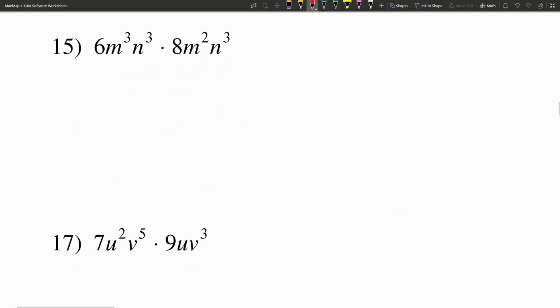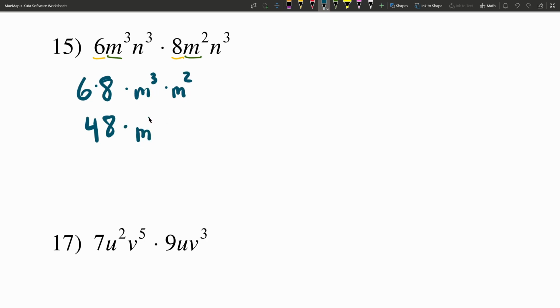For number 15, combining my coefficients of 6 and 8, I'll have 6 times 8, which is 48. Then that's going to be multiplied by m to the 3rd times m squared, where m to the 3rd times m squared is going to be m to the 3 plus 2.